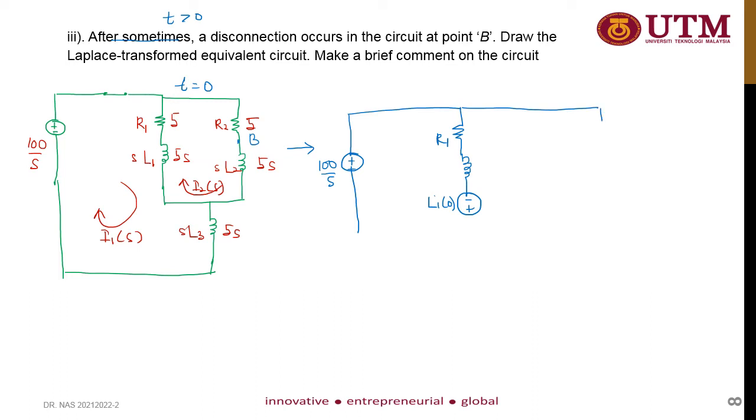On the right hand side, you have the resistor R2, and the disconnection occurs at this point, point B, and you have the inductor with the additional source in series. Again, it is L2 I2 naught. This is L1. Then at the bottom you have another inductor in series with its source.